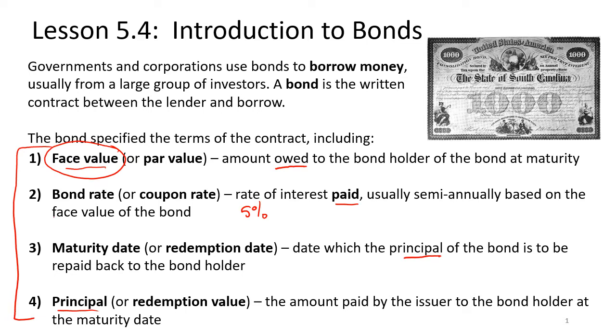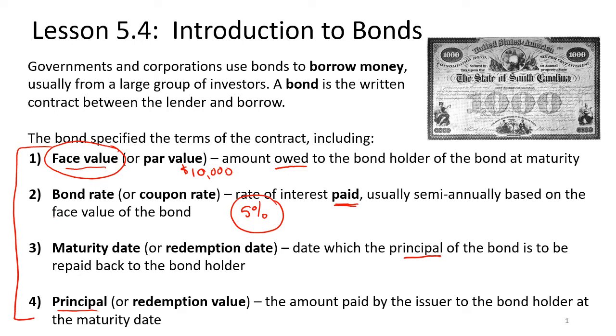So these are the 4 major items you need to keep in mind. They basically describe the terms of the loan. The face value is how much you provided to them or lent to them, let's say $10,000. The bond rate is the rate of interest, and remember it's paid, so it's not compounded semi-annually. It means that if it's semi-annual, you will earn interest twice a year.